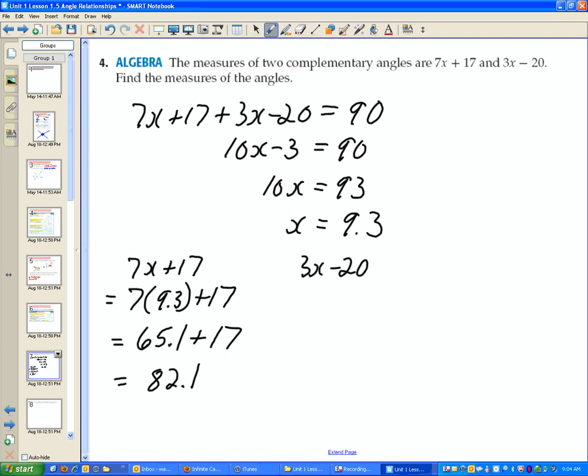But if I do 3x minus 20, that becomes 3 times 9.3 minus 20. What's 3 times 9.3? 27.9 minus 20, so I get, now, since I found those two independently, if I add together and get 90, I can be pretty confident that I've got them both right, can't I?